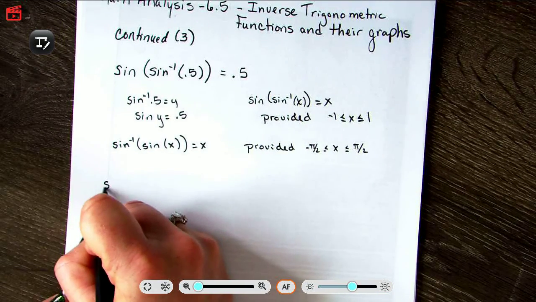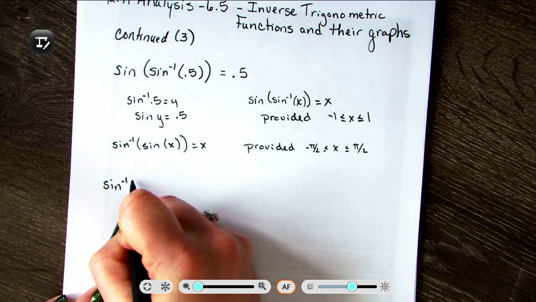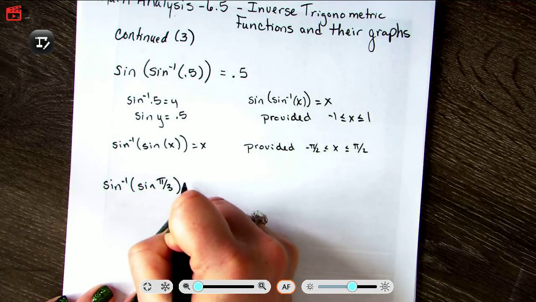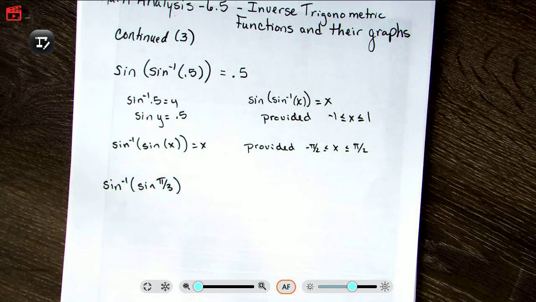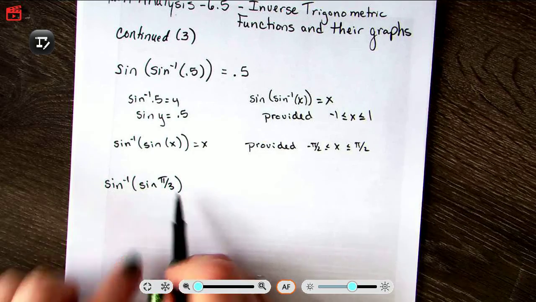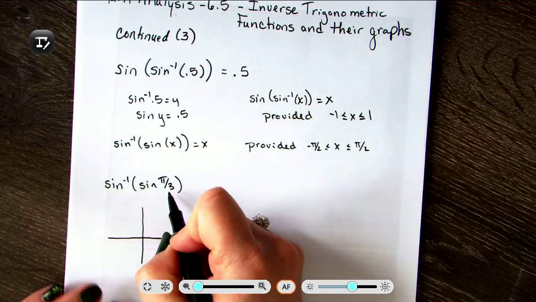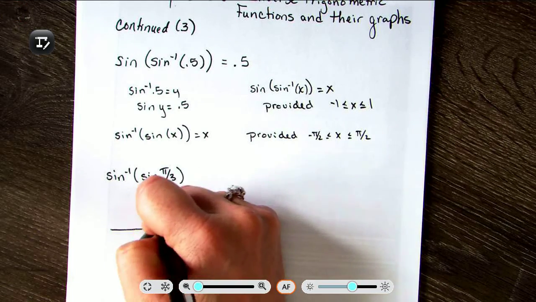So let's say I want to know the inverse sine of the sine of pi over 3. So I'm going to actually do this. What is it going to tell me to do? I'm going to say, okay, the sine of pi over 3. Pi over 3 is in my first quadrant.